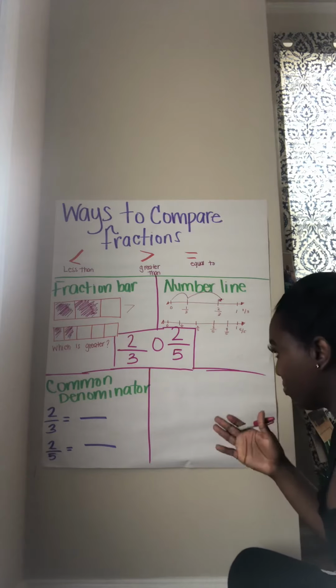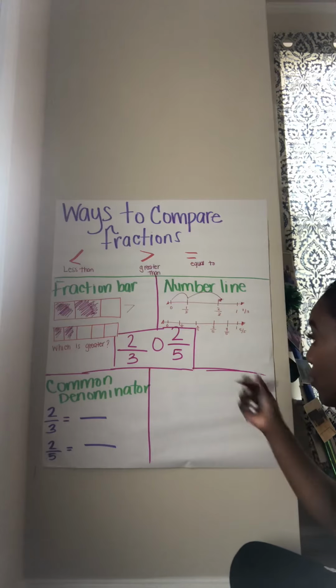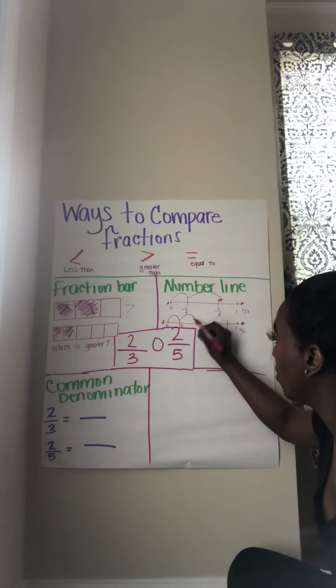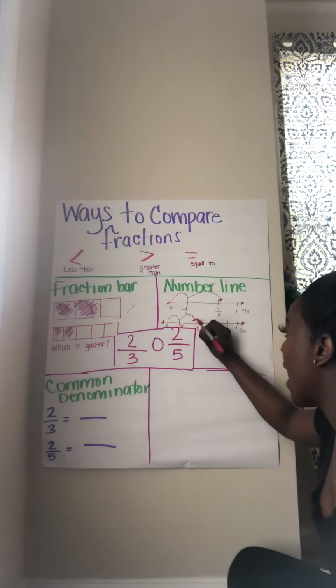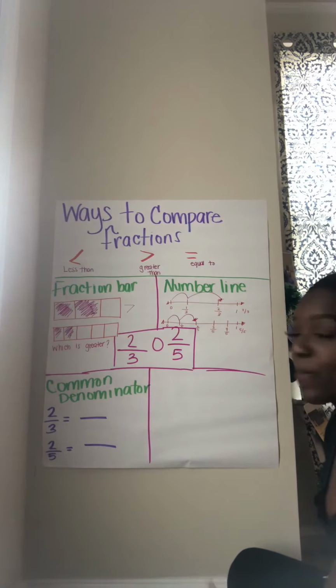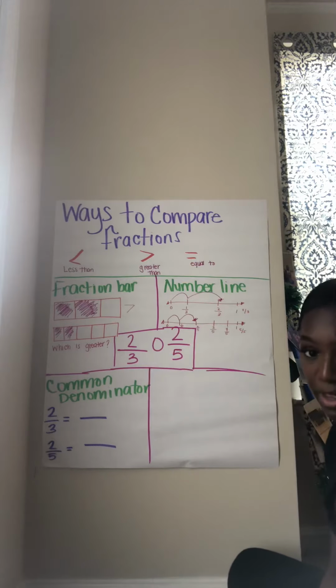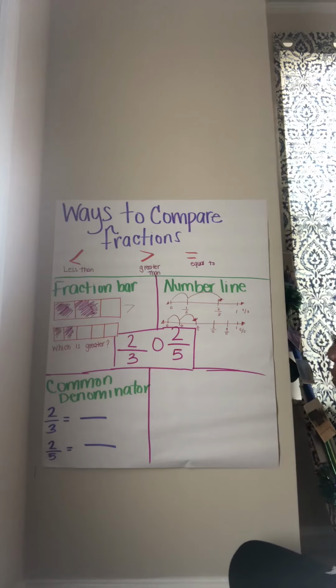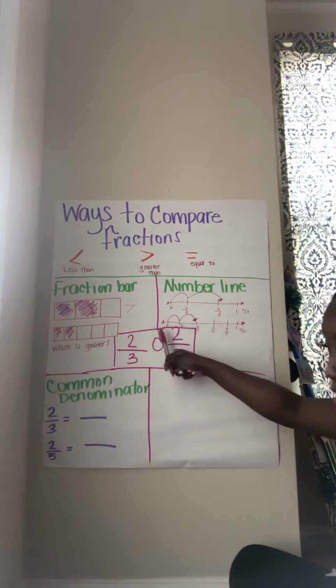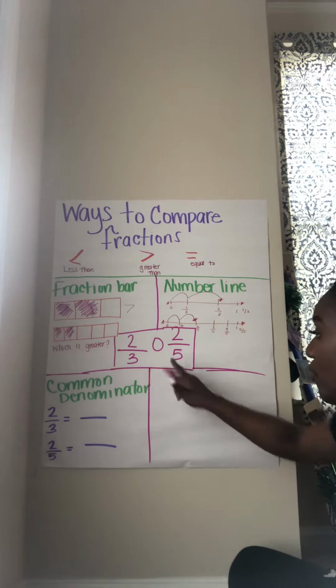That's where I am. I'm going to do the same thing for 2/5. As you can see, it took me a little longer to jump from 0 to 2/3 than it did from 0 to 2/5. So again, based off of my number line, 2/3 is greater than 2/5.